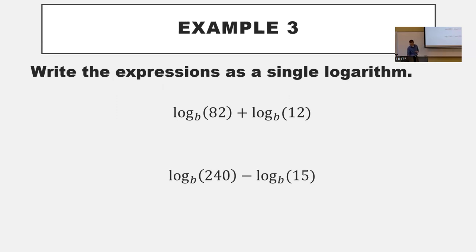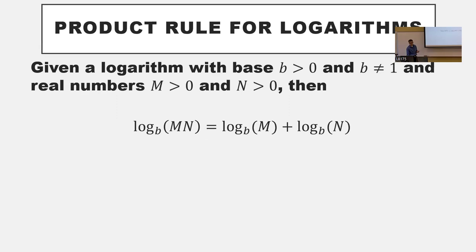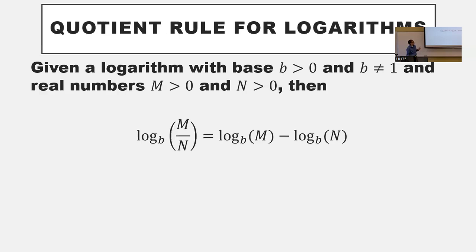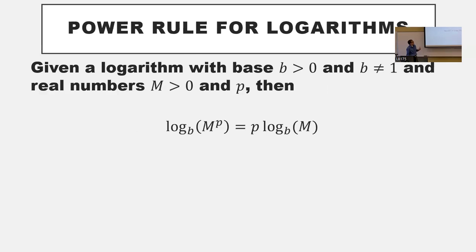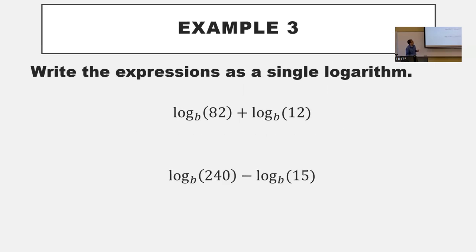Now, we're going to take a few moments just to do some rewriting with these rules. So we're going to take our product rule, our quotient rule, and our power rule, and we'll do some rewriting with this. So example 3 says take log base b of 82 plus log base b of 12 and rewrite it into a single log.